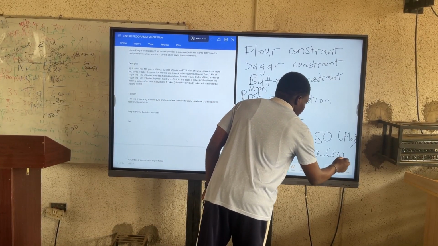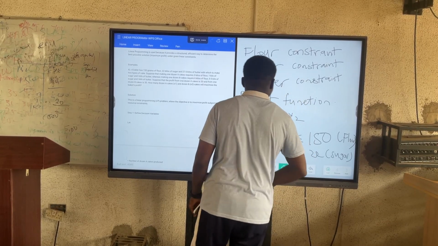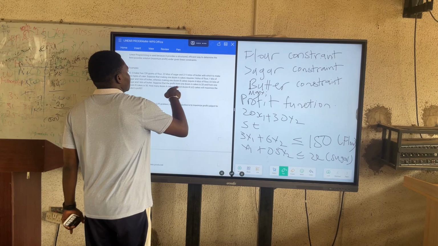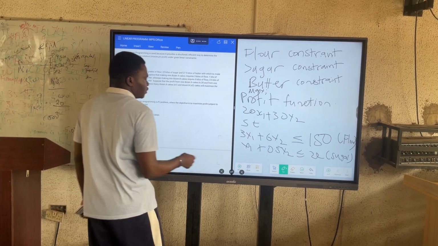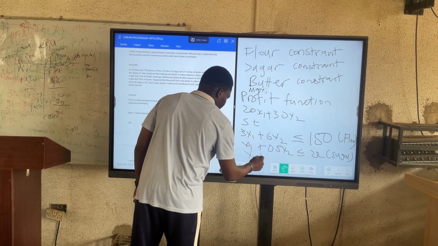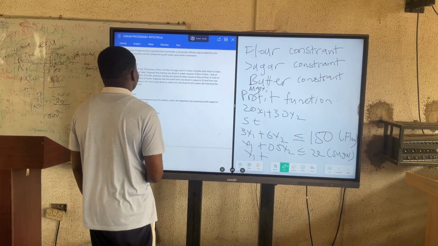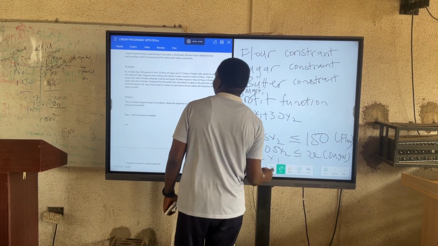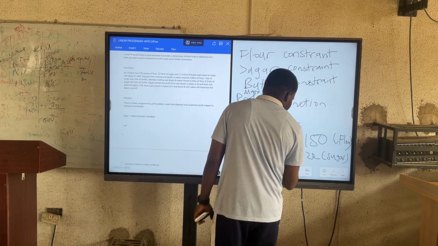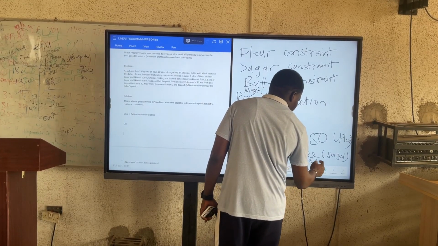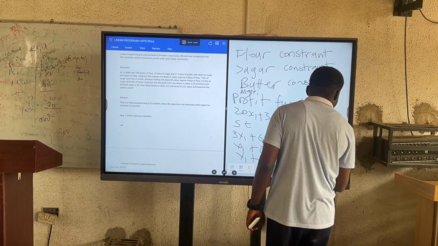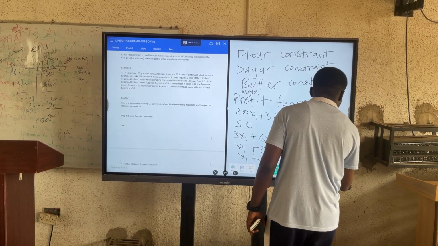And the last one, which is butter: an A cake has 1 kilogram of butter, plus how many kilograms of butter for the B cake? Another 1 kilogram, less than or equal to 27.5. This is butter.